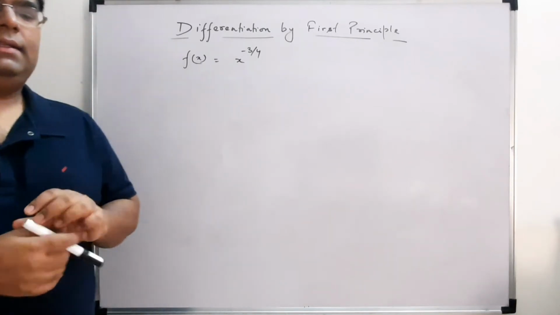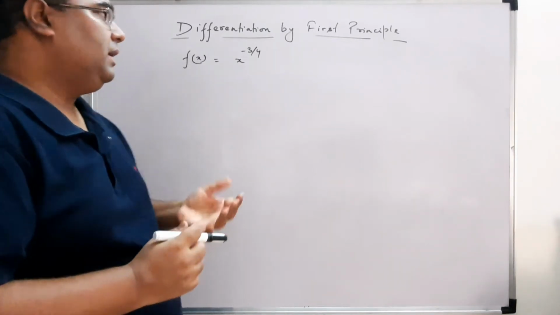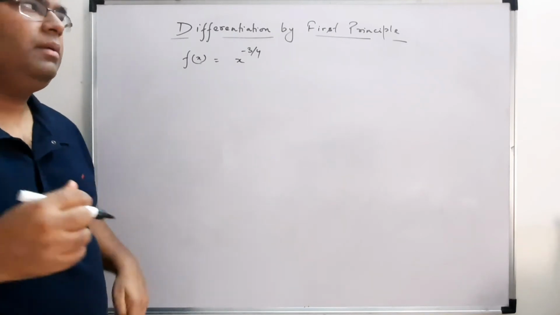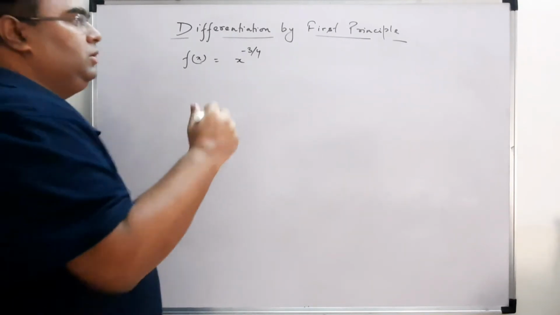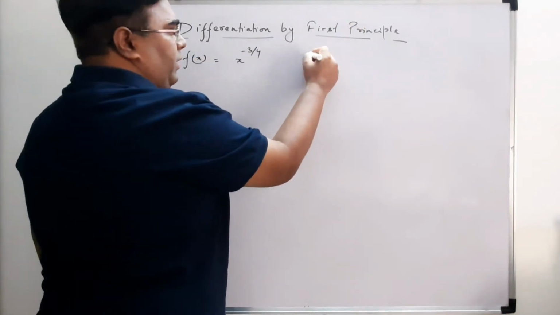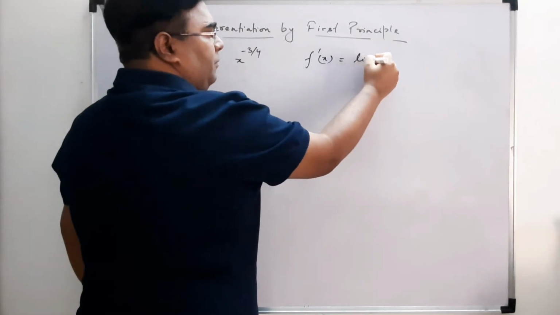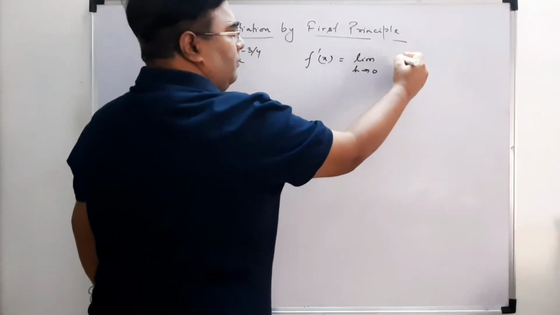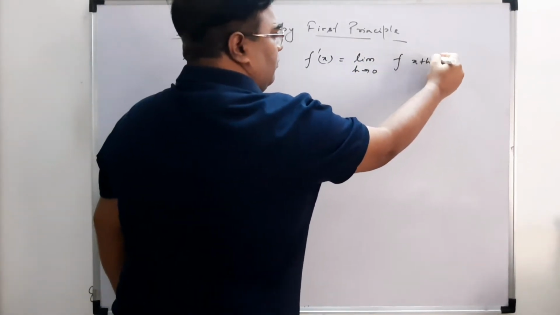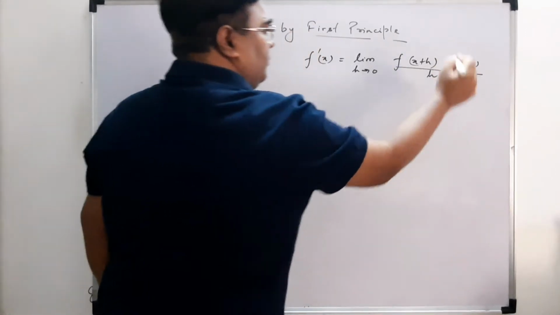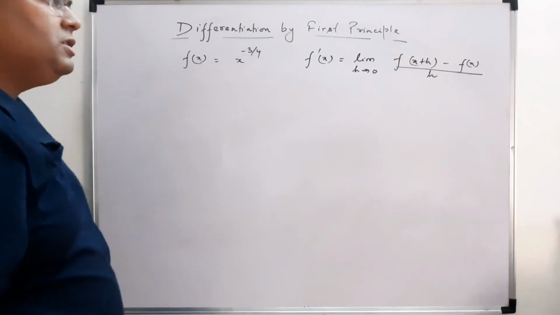Let us take another example with first principle. I have taken f(x) is equal to x raised to minus 3 by 4. Let us write here, my differentiation will be limit, and this is my formula for first principle.